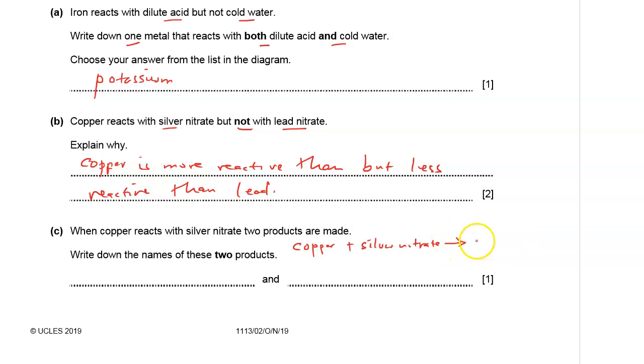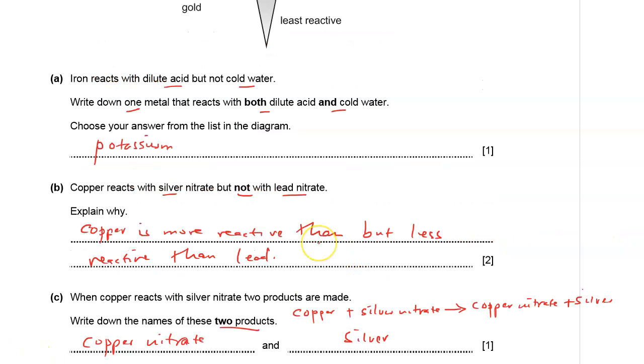What you get is now copper nitrate plus silver. Just that. So right here, copper nitrate and silver. Those are the products. Two products formed.